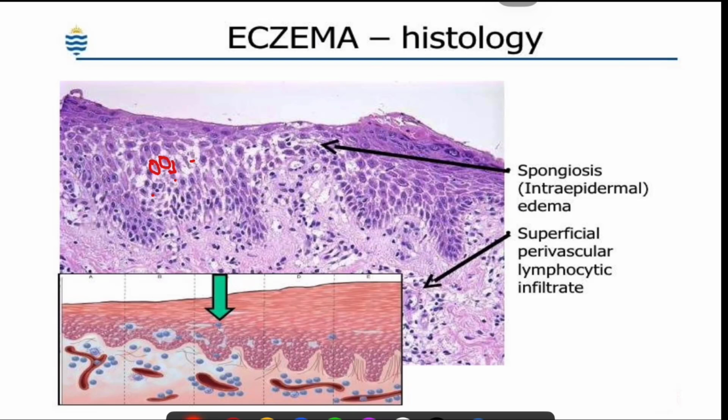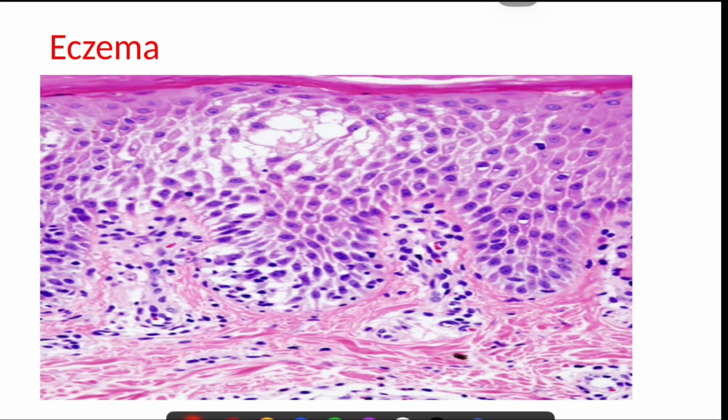And in the spongiosis, you can find this acanthosis, irregular, right, and dermal edema, where you find this space in the dermis parenchyma, and these are the lymphocytes, an increased number of lymphocytes in the dermis as well as in the epidermis. So this is eczema. This is a classical or very good slide showing spongiotic reaction.